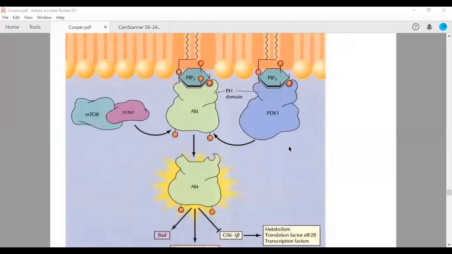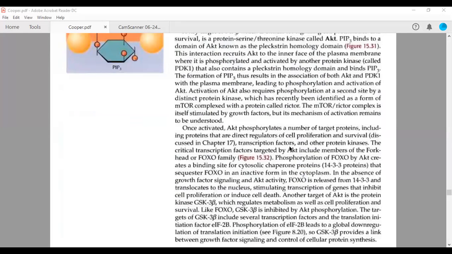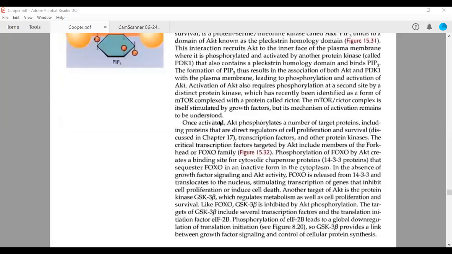So I think that is enough for today's class. Okay, so we will start our discussion from this particular AKT only, that is protein kinase B. And how it is activated we have seen. Now we need to see the possible ways of interaction, how once activated this AKT phosphorylates a number of target proteins.